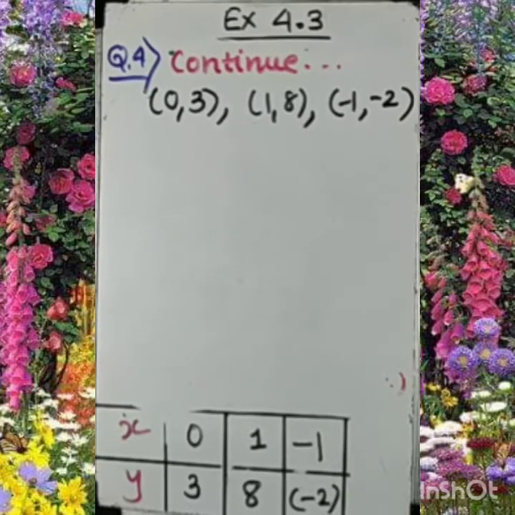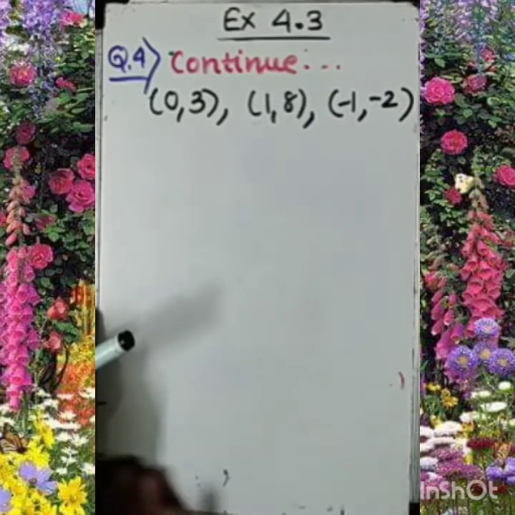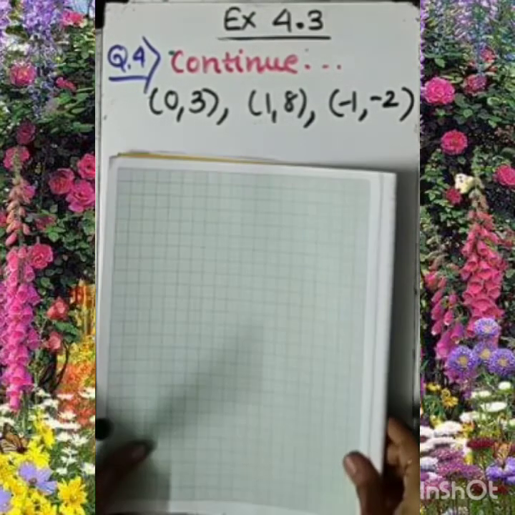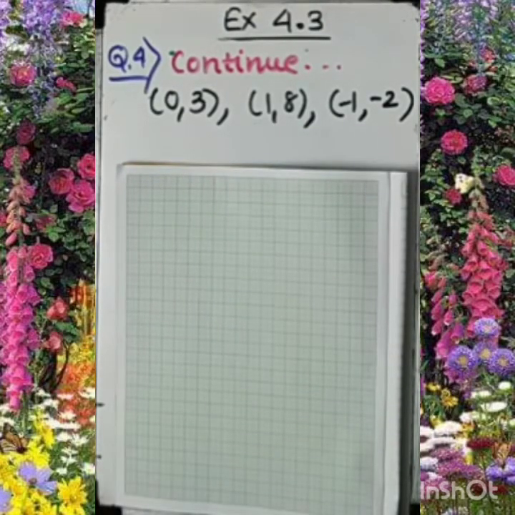Let's see. So be ready with your graph paper. Only 3 points we have taken here. So here I kept it ready. The graph paper is ready. Now I am going to draw.